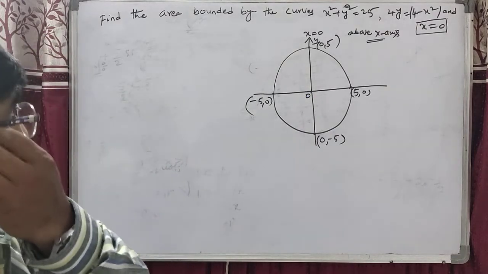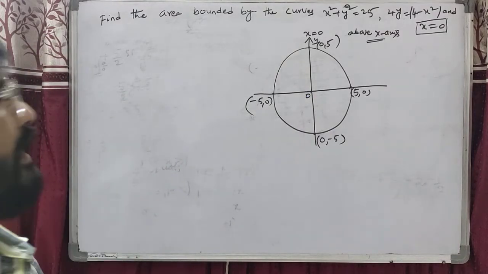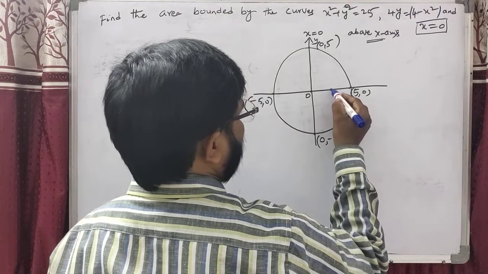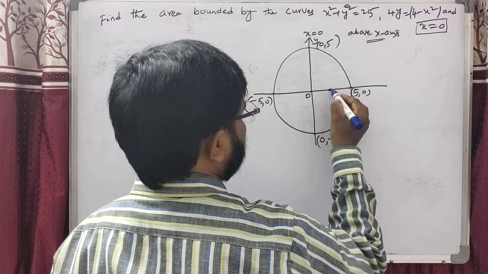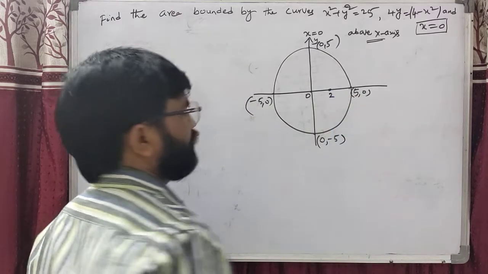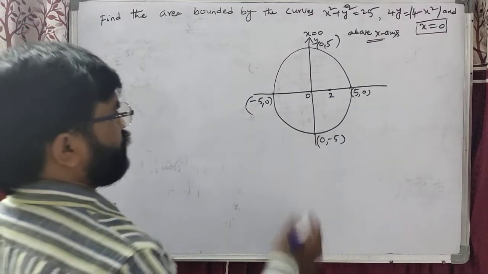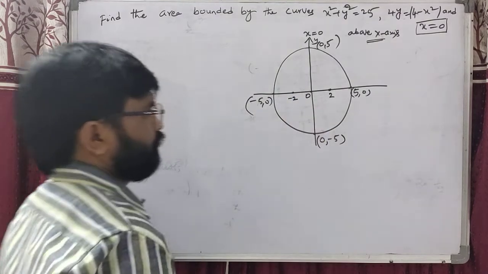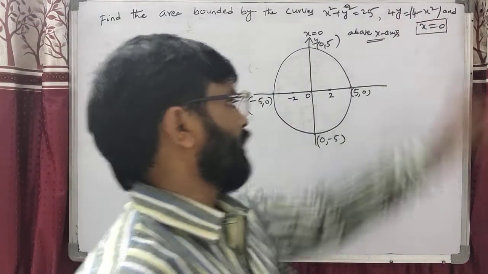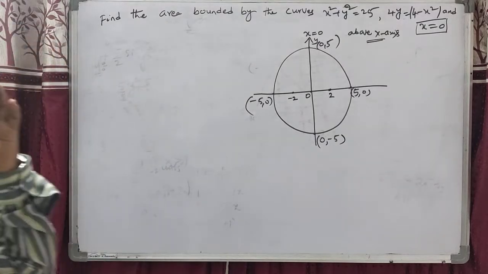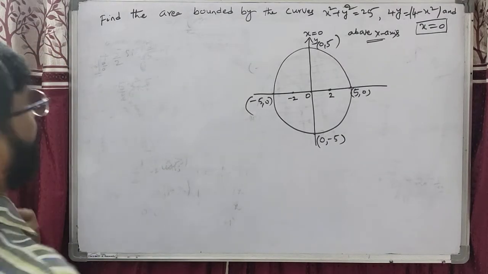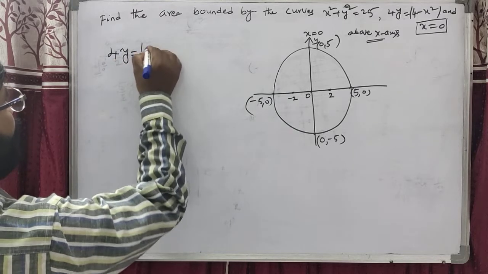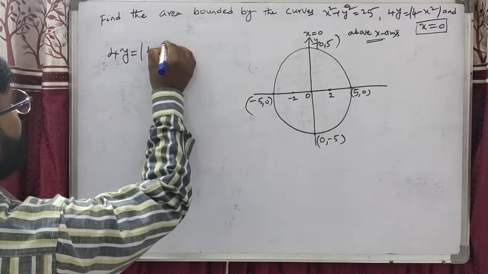Dear students, when we are taking x equal to 2, undoubtedly we got 0. This is 2 and minus 2 also. So when we are taking 2, 0 and minus 2, 0, now the other one: we can draw the graph of 4y equal to modulus of 4 minus x square.